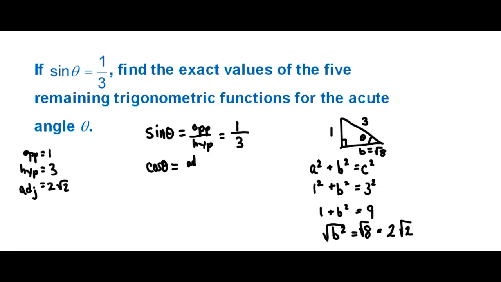So then if I'm going to find cosine, cosine is adjacent over hypotenuse. So that's going to be 2 square roots of 2 over 3. For tangent, that's my opposite over adjacent. So I have 1 over 2 square roots of 2.